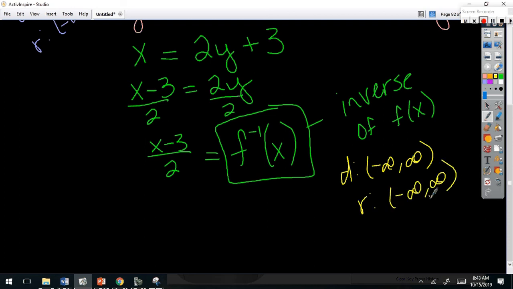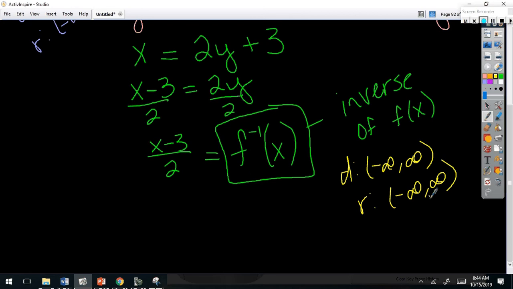Now, I have a fraction on this one. Why is it not restricting my domain? What's not happening in that fraction?